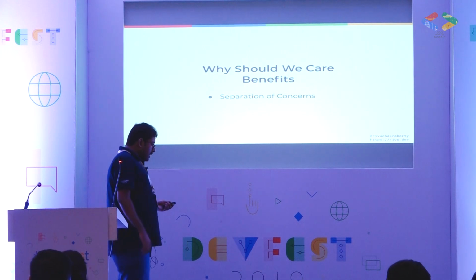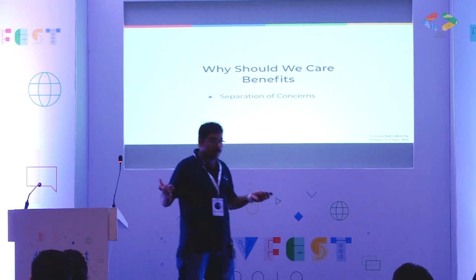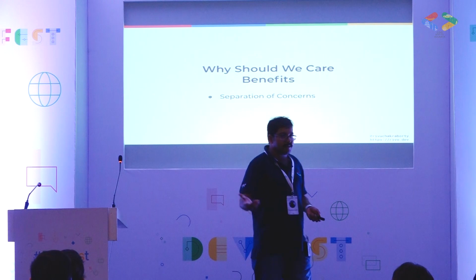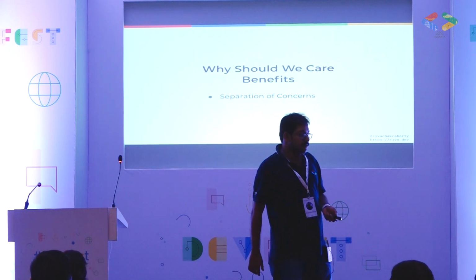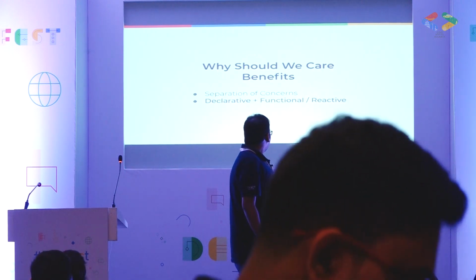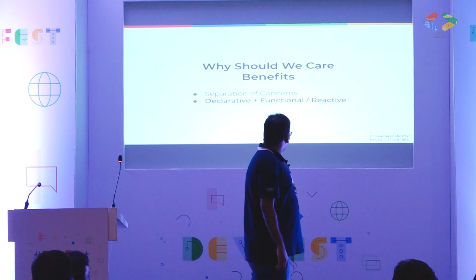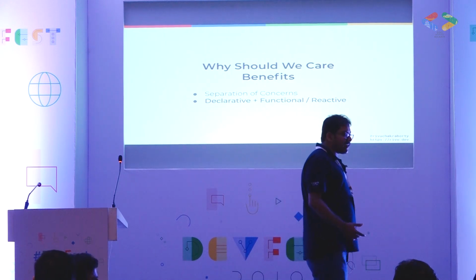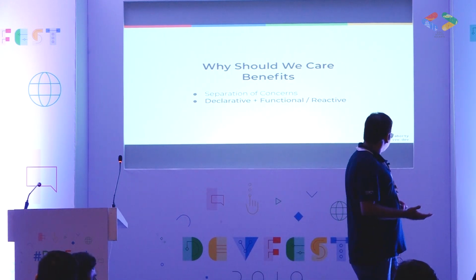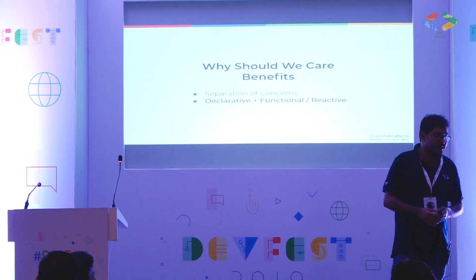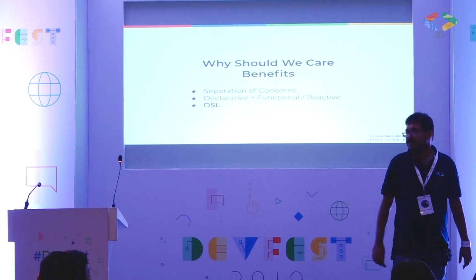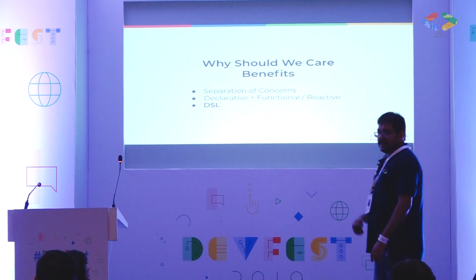So, what are the benefits we get using Jetpack Compose? It is one of the reasons why we should care. First of all, separation of concerns, then declarative, functional and reactive, and DSL.